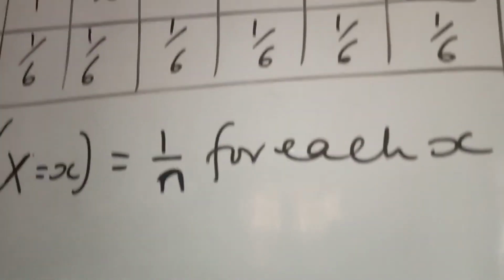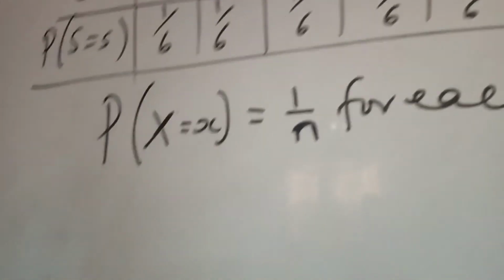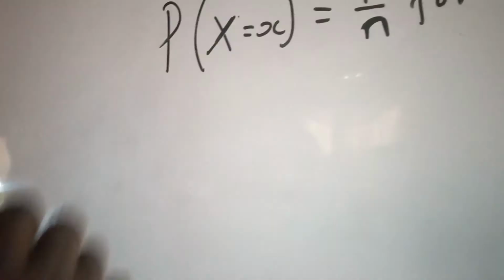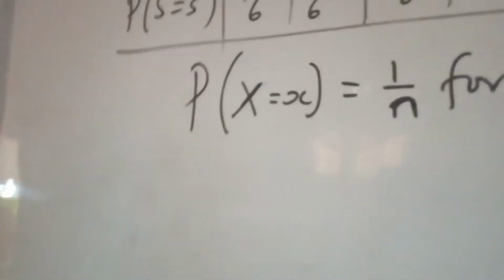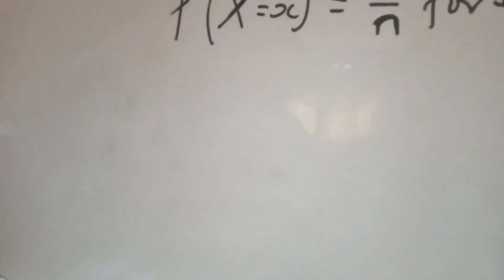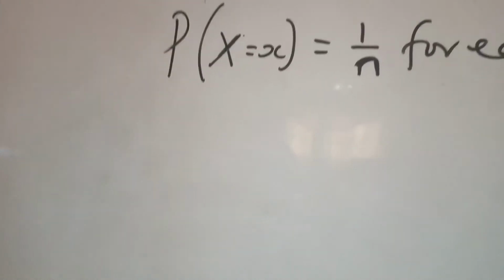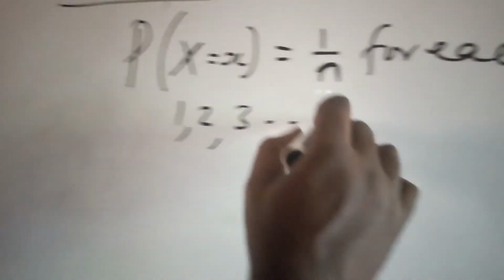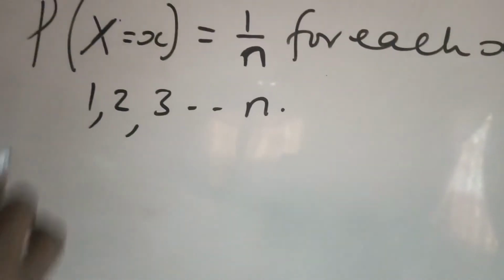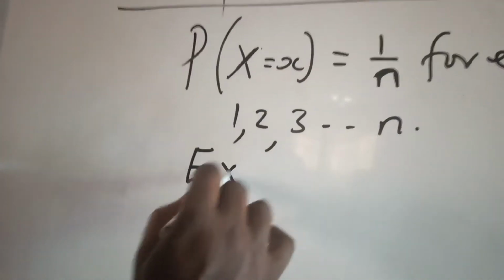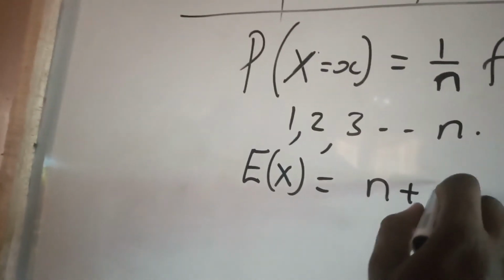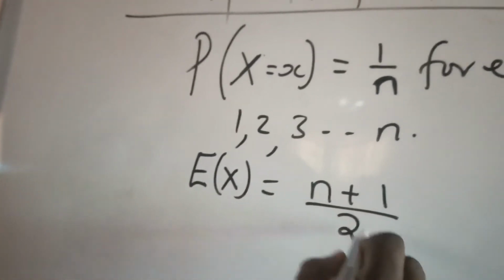For a discrete uniform distribution x over the values 1, 2, 3, all the way to n, the expected value of x is given by n plus 1 over 2.